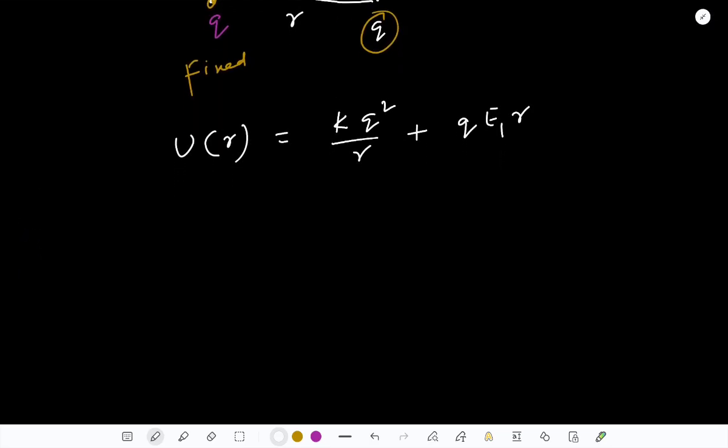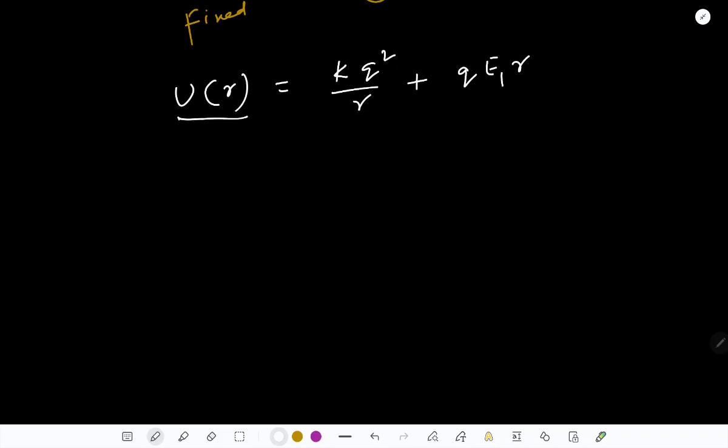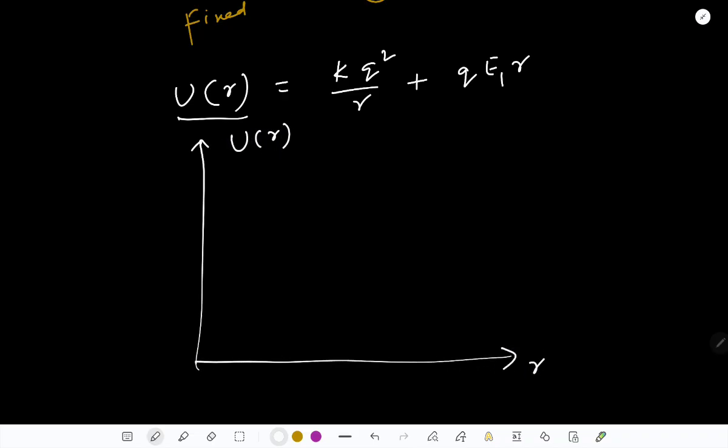And if you would like to draw a diagram of this potential energy versus this distance r, you can draw it easily. All of you, I guess, are very much familiar with drawing such graphs. I'm also trying to draw the U versus r graph, and this graph will specify many things.